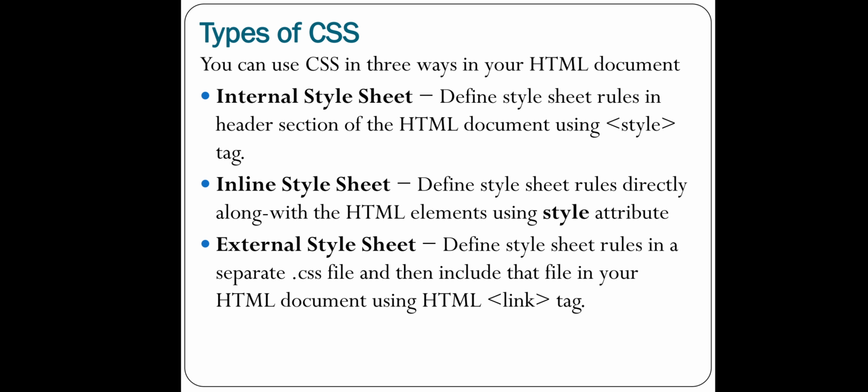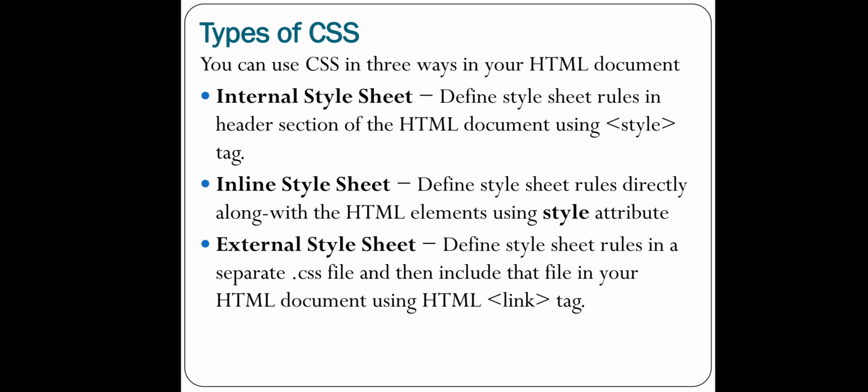Now external style sheet means there will be a separate file only for all the CSS syntax. Whatever syntax or rules you were enclosing in the style tag of internal, all those will be placed or maintained in a separate file, and that file will be saved with the extension .css.